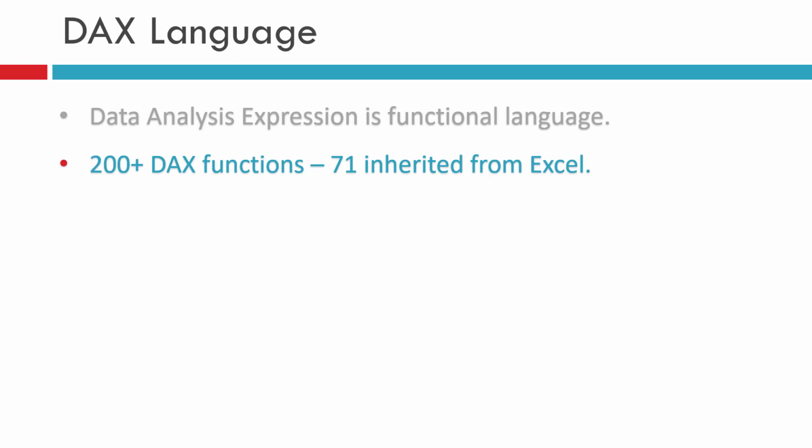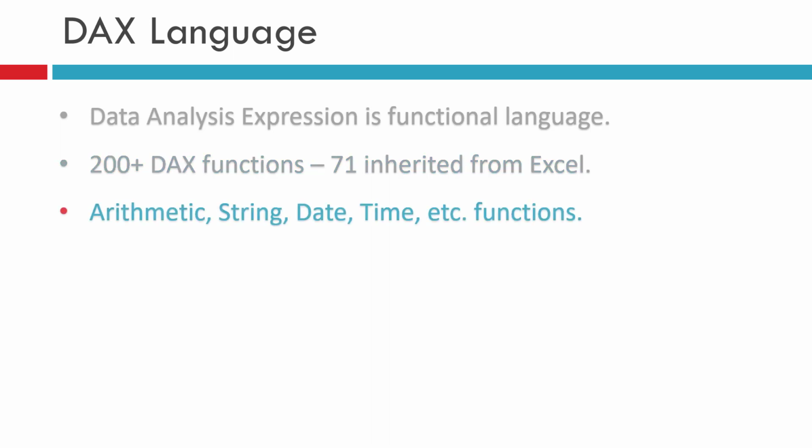DAX has its roots in Excel expressions and it inherits a similar syntax and functional approach, but it also extends its scope in order to handle calculations on data stored in multiple tables. So there are parts of DAX that are very similar to what you already know in Excel. A wide variety of functions are provided to help with arithmetic, string manipulation, date and time handling, and many more.